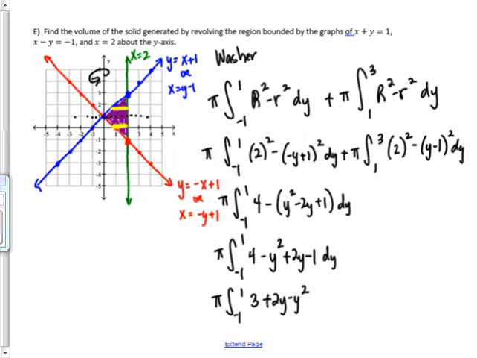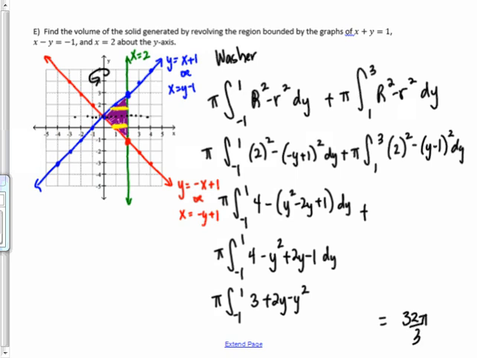I'm trying to find my answer where I did it, but you're going to do both sides. You'll do the same thing here, but at the end, I got 32 pi over 3.